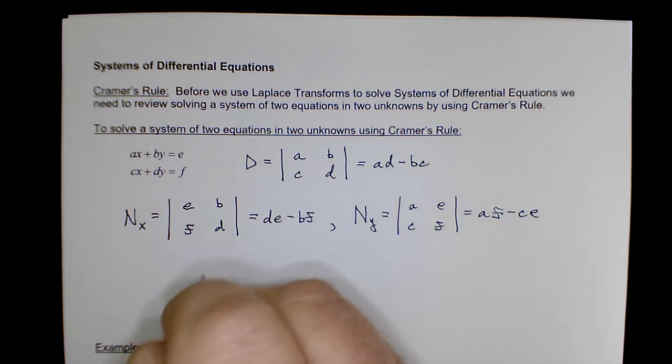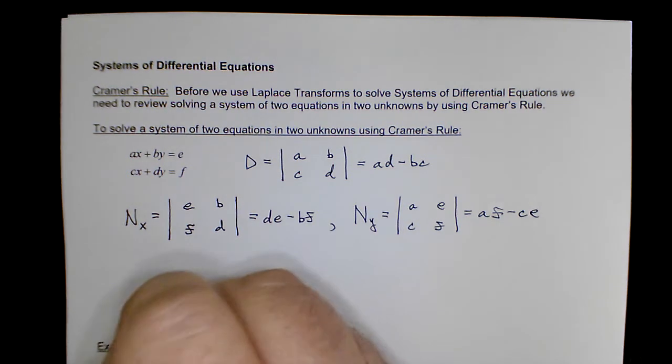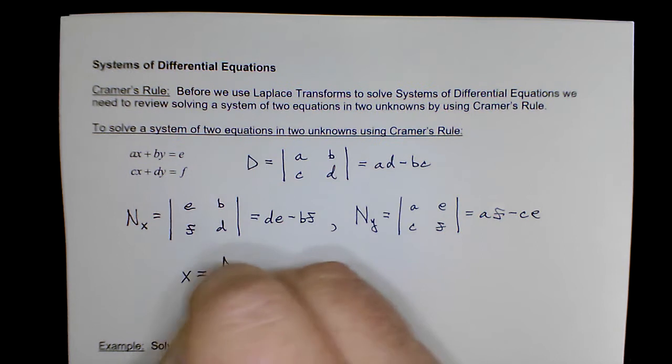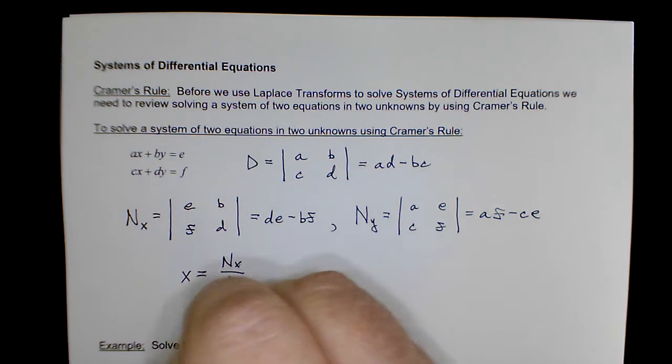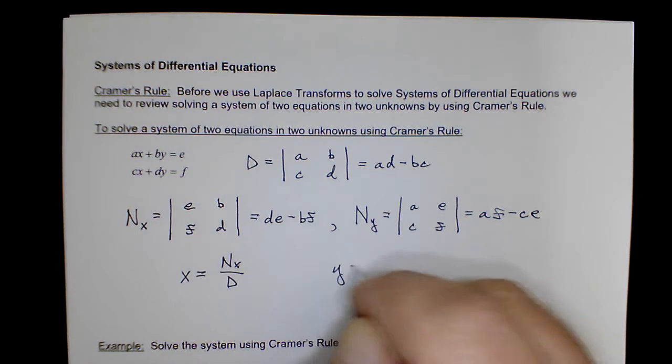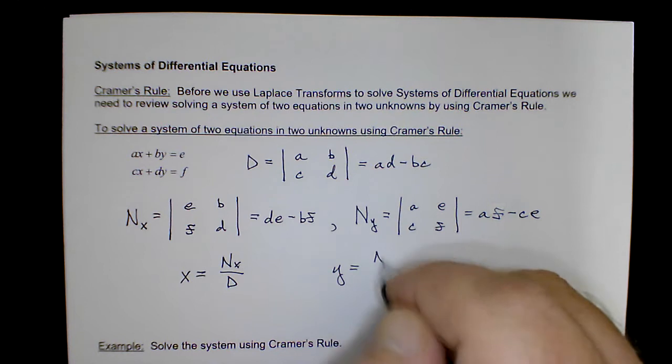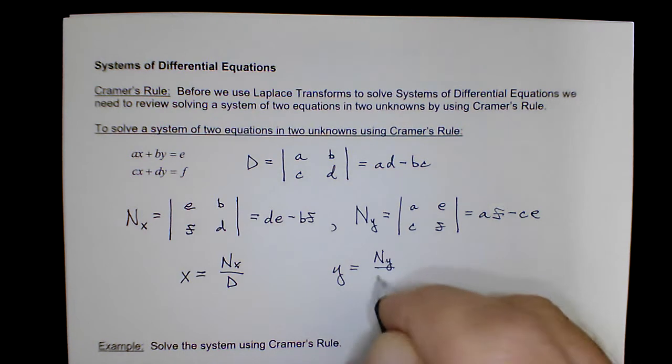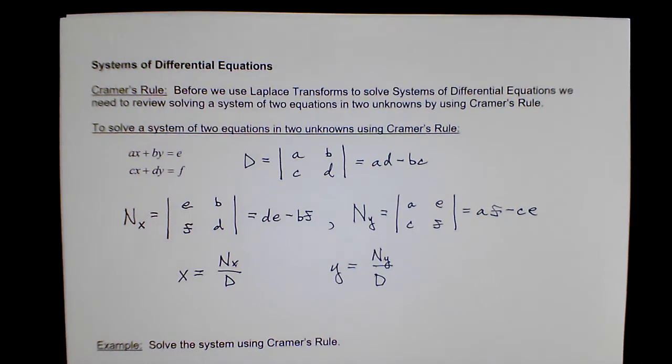And then the solutions to the system are that x is equal to n sub x over d, and y is equal to n sub y over d. So that's just showing it in general.